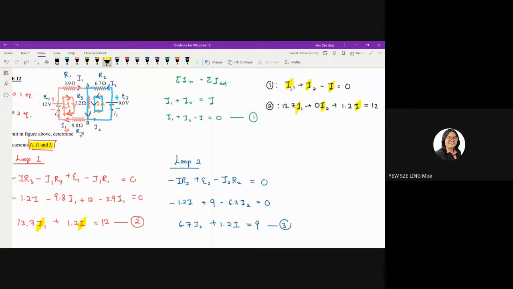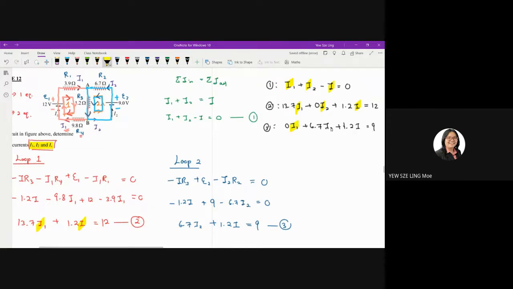You cannot have the first one as I1 plus I2 minus I, and for the second one put I in front and I1 at the back. No, they must follow the sequence. In the first equation, you put I1, I2, minus I. Then in the following equations, the first unknown should be I1, the second unknown should be I2, and the third unknown should be I. So for the third equation, I don't have I1, which means I have 0 I1, followed by I2, so plus 6.7 I2 plus 1.2I equals 9.